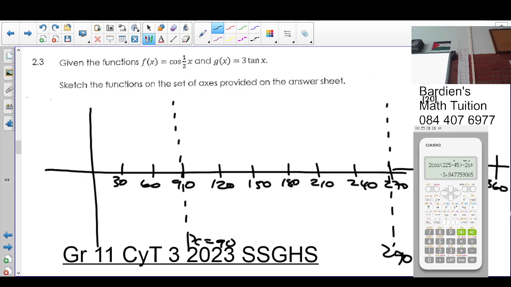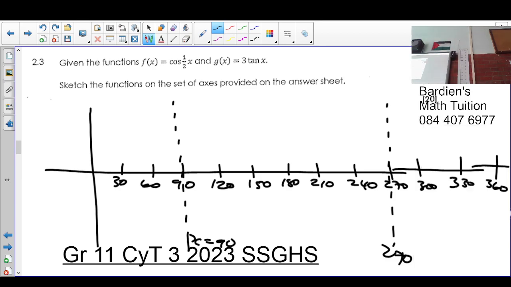We know when we drew the tan graph, we went with steps of 45 degrees. So tan of 0 is 0, tan of 45 is 3.